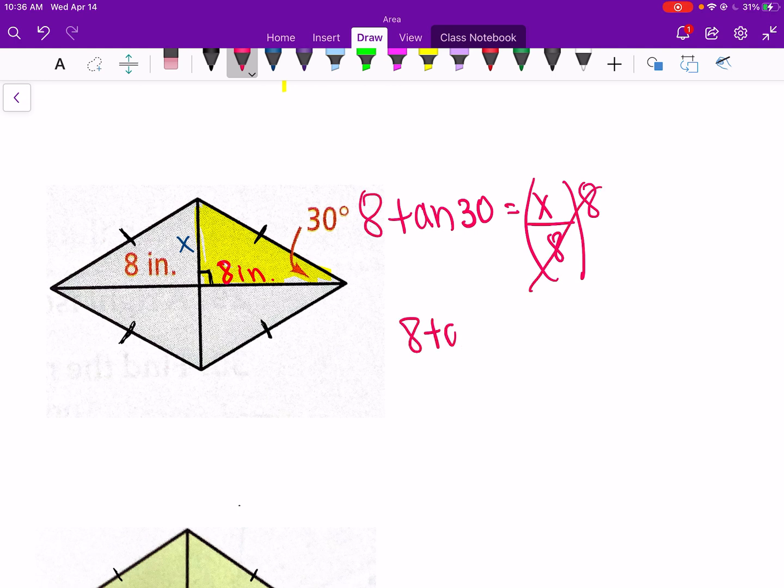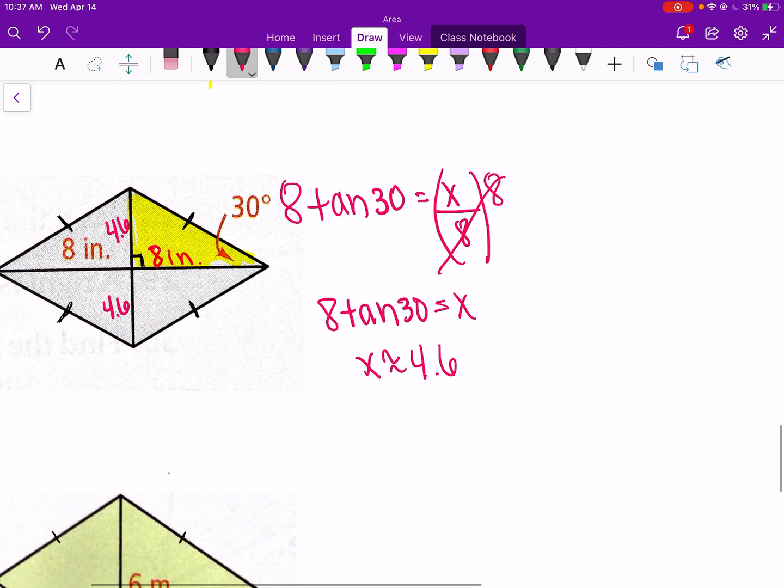So x is equal to 8 times the tangent of 30 degrees. And that gives us approximately 4.6. So I know this segment is 4.6. And since the diagonals bisect each other, this segment is also 4.6.